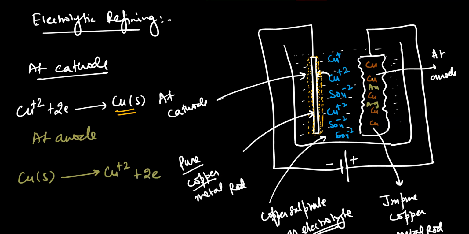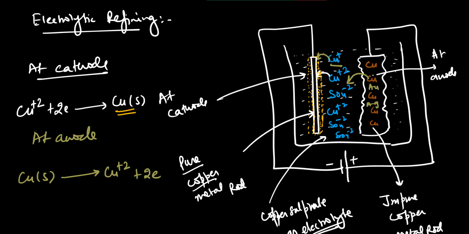When the atoms lose electrons and become copper ions, they come into the solution. From this solution, the copper ions are going on this rod, converting into copper solid, and an equal amount of copper atoms are converted into ions.